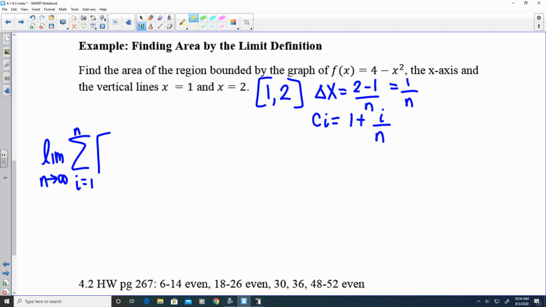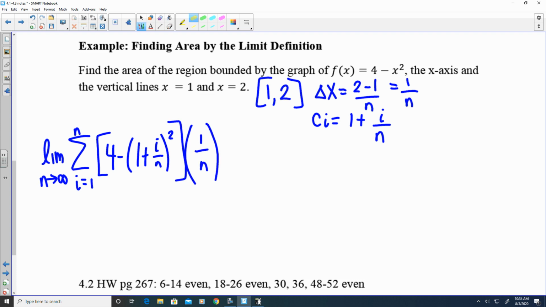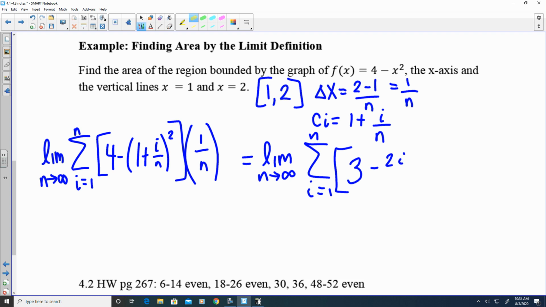So this time our function is 4 minus x squared, and then multiply the whole thing by delta x. So we're going to have some foiling and rearranging to do. If I just do my one foiling step, combining the 4 with the 1 when I subtract that, then I'm going to have 3 minus 2i over n minus I squared over n squared. That's still being multiplied by 1 over n.